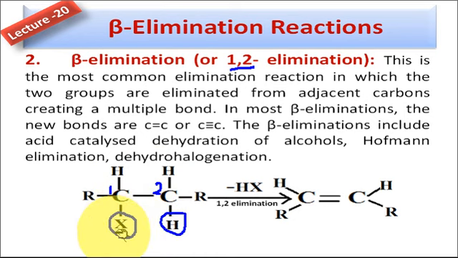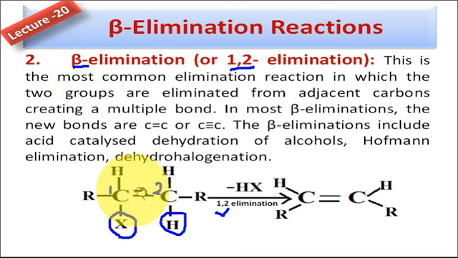Since the substituent group is here, we denote this carbon as the first carbon atom. So the elimination from the first and second, adjacent carbon atoms takes place. That's why it is called the 1,2 elimination or the beta elimination.